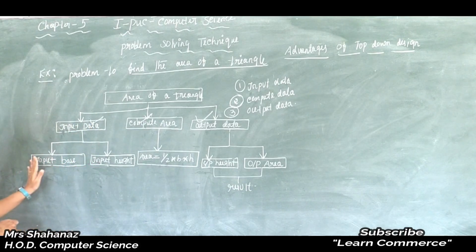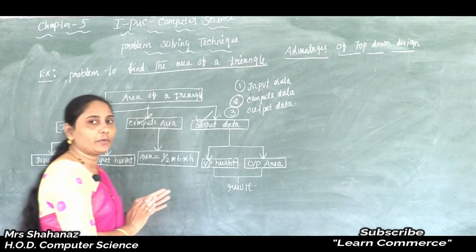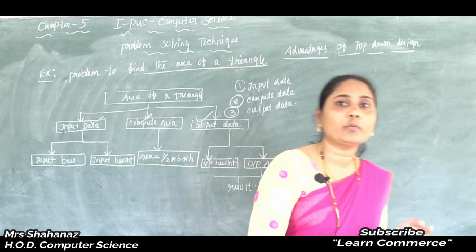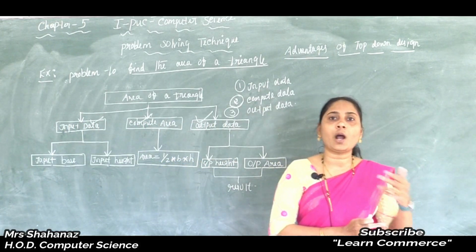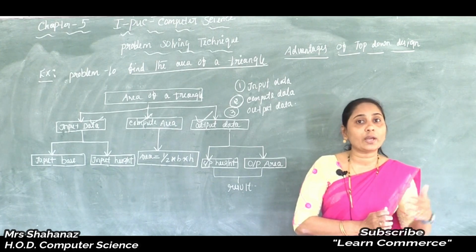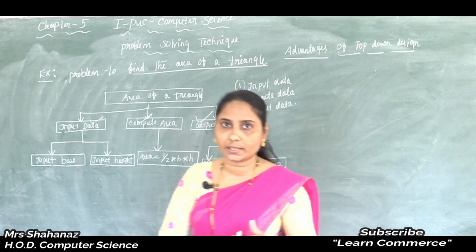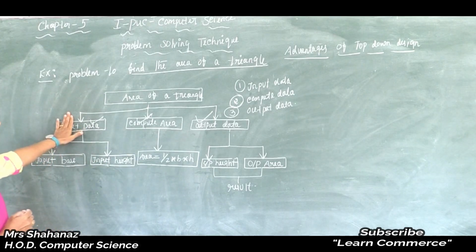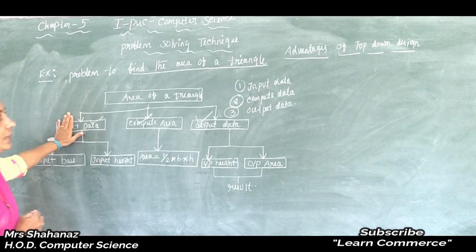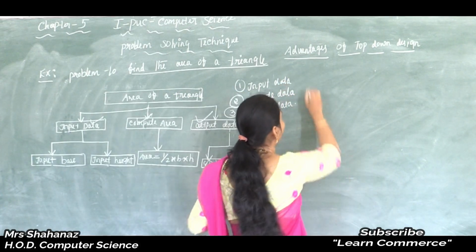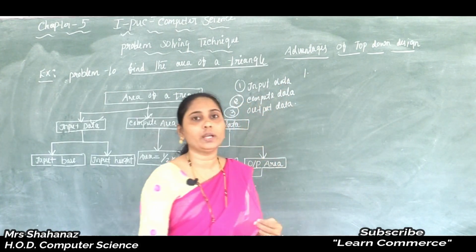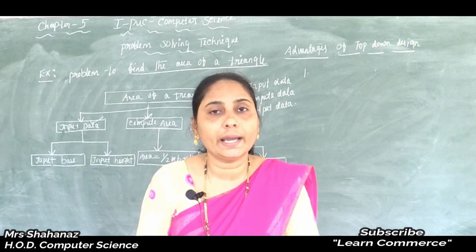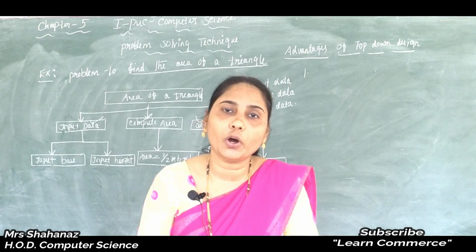So is it clear now about this program, each and everything, and we know what the problem is and what the question of the problem is and how we are going to divide or how we are going to get such a problem's answer here. Now after completing the example, one suitable example for the area of a triangle, let's go to the next thing, the advantages of top down design here.